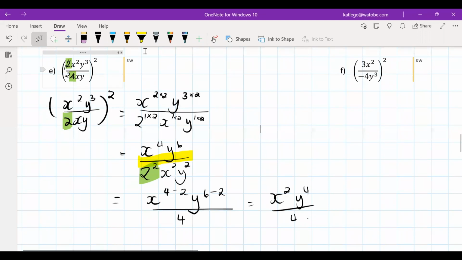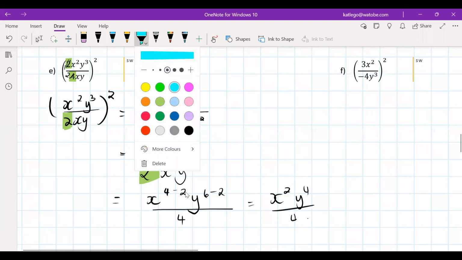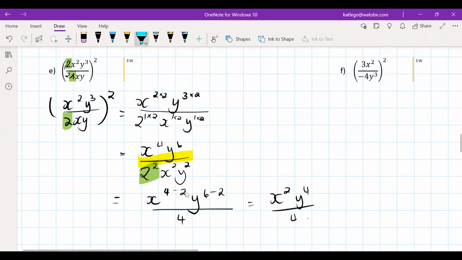Okay? For the people who might be confused about where we get the 4s and the 2s and everything. So first, we're working with x. If you are dividing and it's the same base, you have to subtract your exponents. So we said x, top exponent, the numerator, minus the bottom exponent.